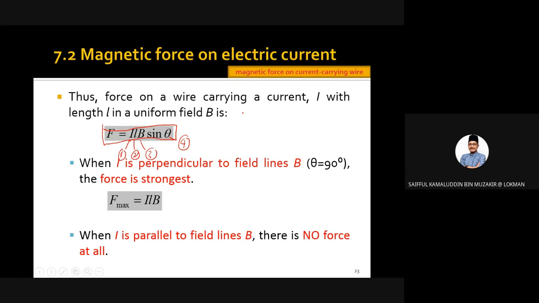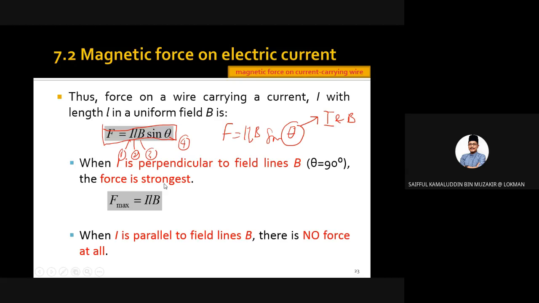It originates from the right hand rule we used earlier. Use your right hand rule, and we have F equals ILB sin theta. And theta, always remember, is the angle between I and B. It is not always 90 degrees, but if it is 90 degrees, the force is strongest, as I mentioned.